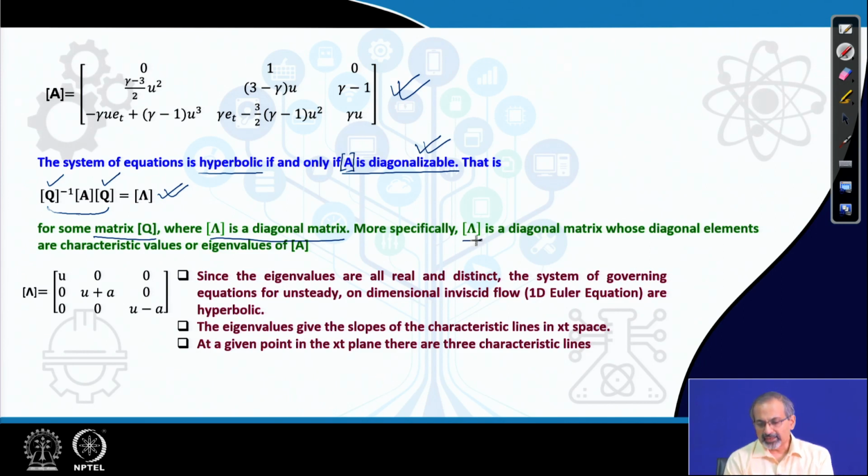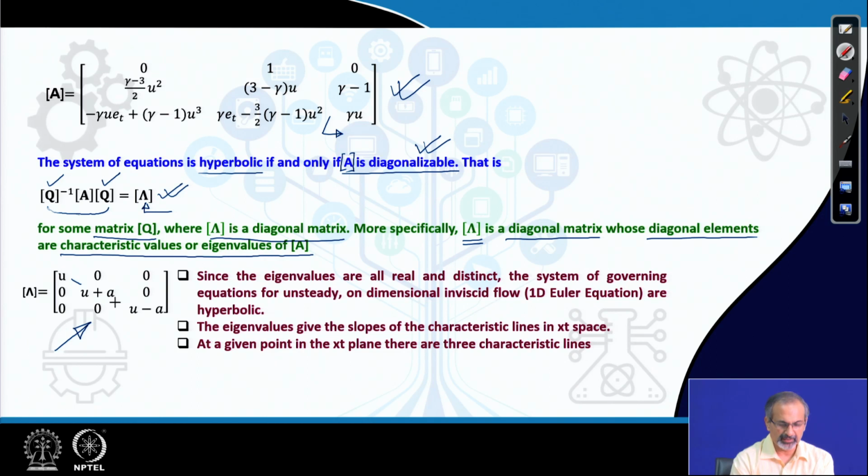Now, the capital lambda matrix again is a very specific kind of matrix. It is not only a diagonal matrix, but its diagonal elements comprise the characteristic values or eigenvalues of A. That means, if you want to find the eigenvalues of this matrix A, you will find that they are contained in this capital lambda matrix. How does the capital lambda matrix look for the 1D Euler equation? It looks like this.